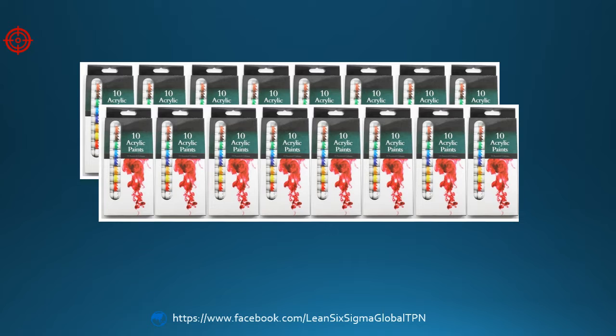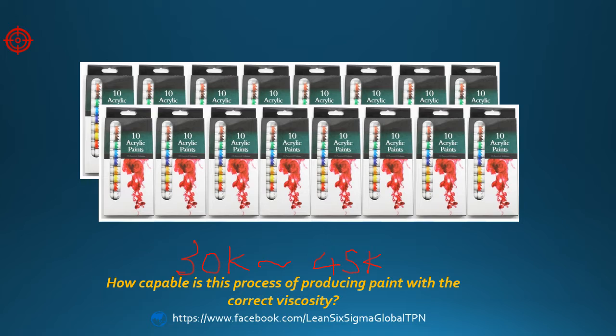ABC must manufacture its paint product to have viscosities between 30,000 and 45,000 centipoints. So how capable is this process at producing paint with the correct viscosity?